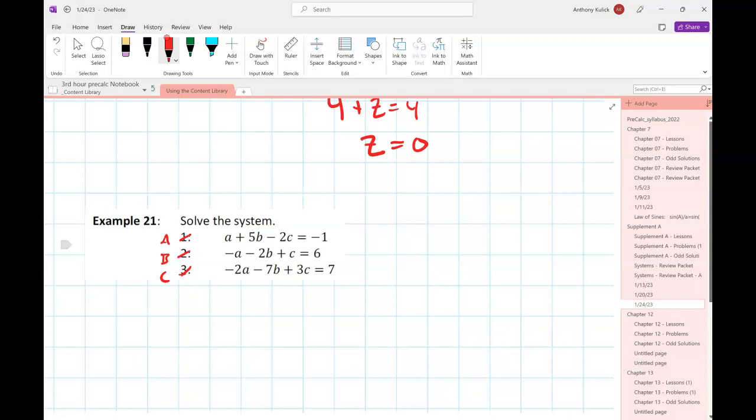The A's look the easiest to me, because if I just add equation A and equation B, the A's will eliminate. And then I can do 2A plus C and get rid of the A's that way also. Does that feel okay to everybody?